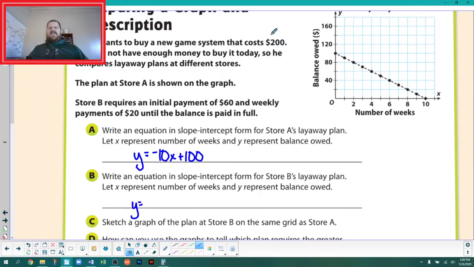And if the system costs $200 and he has to initially pay $60, the amount that's going to be owed after paying $60 is going to be $140. So this one's actually going to start at $140, kind of writing this backwards. And you have to take away from that balance owed $20 every week.